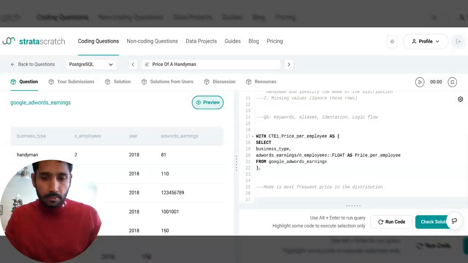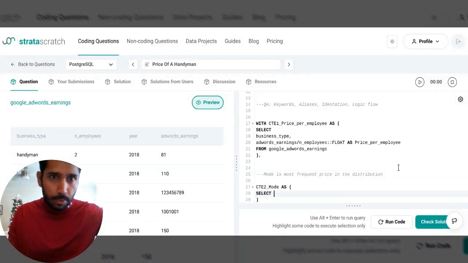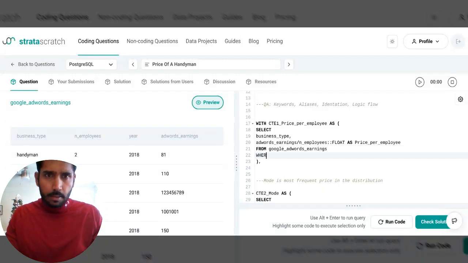That's what I'm going to identify here in my CTE2. Identify the mode as select price per employee. Oh, we totally forgot the filters.